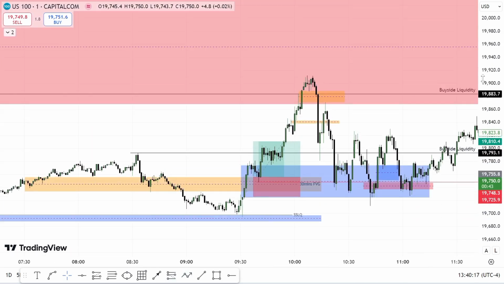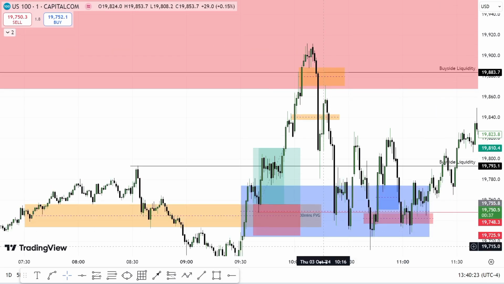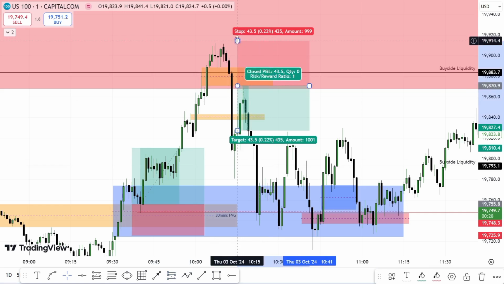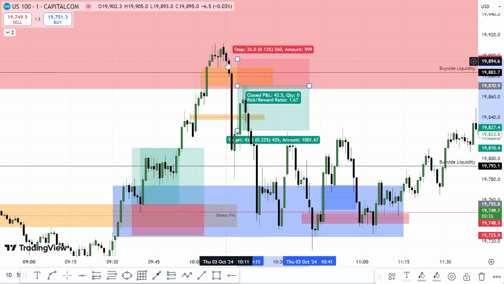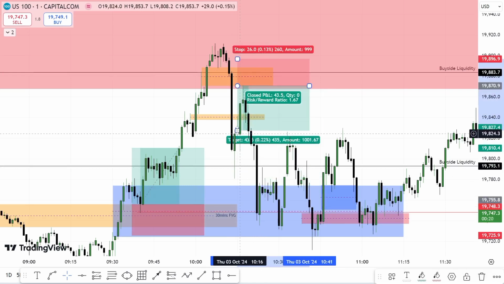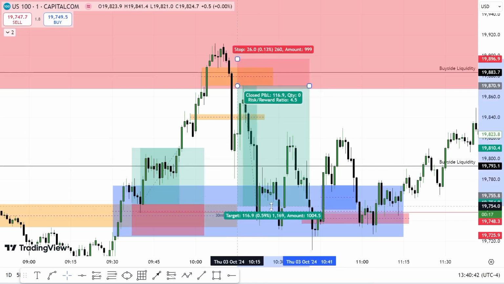Once it took out that buy side, and remember there's a 15-minute bullish fair value gap just right here. I'm going to go to the 15-minute time frame so you see that too. So my stop loss was just right above here. I kept it above this bearish fair value gap. Then I got out at this, the midpoint.